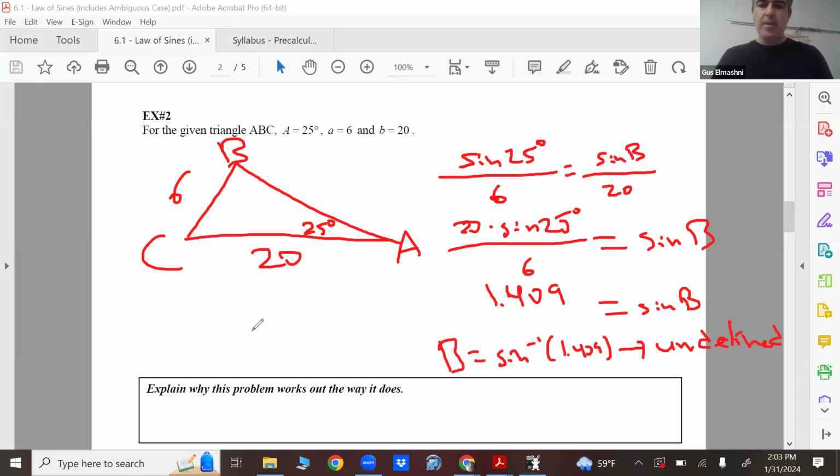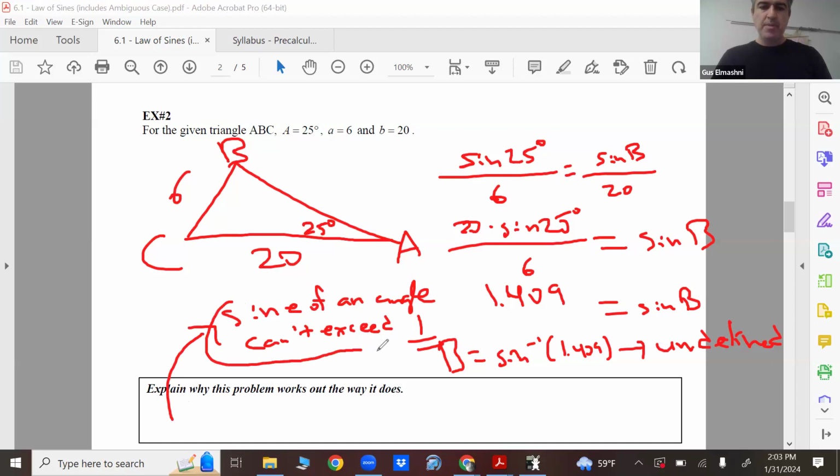Remember, the sine of an angle can't exceed 1. Can't exceed the number 1. Just can't do it. So that's why it works out the way it does. That's why. Should put that in the box. My apologies. That's why.